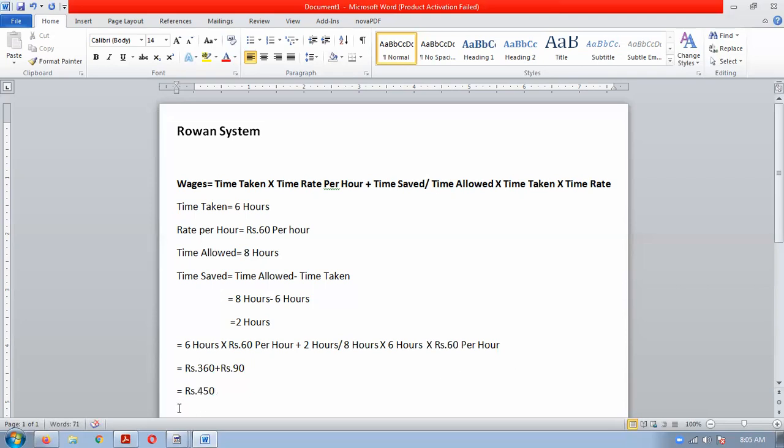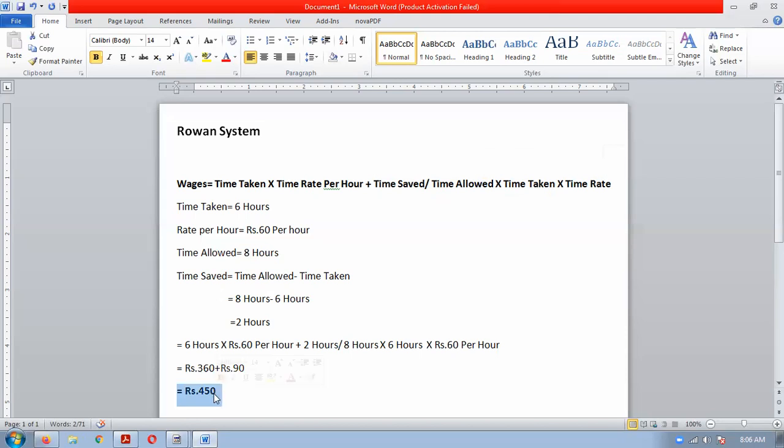So this is the Rowan plan. What is the formula? Time taken into rate per hour. Time taken is given, time rate is given in the question. Time saved we have calculated, time allowed minus time taken, then time allowed, time taken, everything is there. You just have to put in the amounts, use the calculator and get the answer.